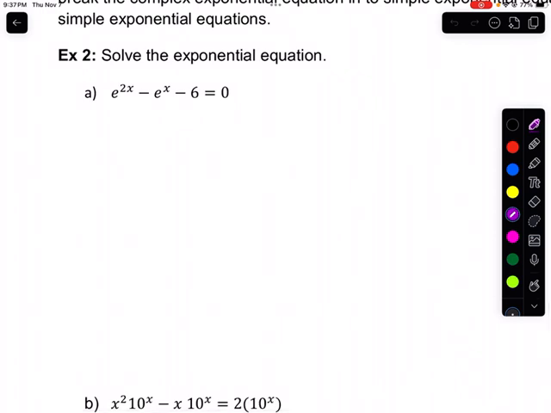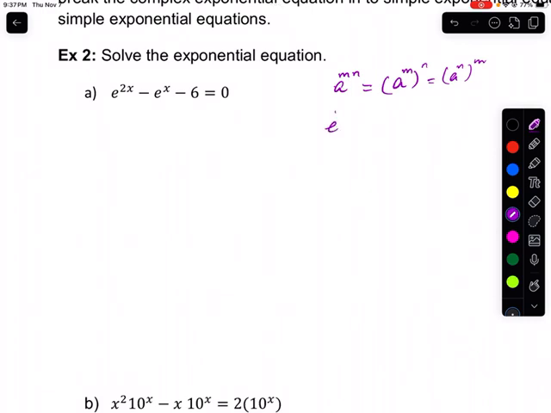Solve the exponential equation, which is given as e to the 2x minus e to the x minus 6 is equal to 0. Now remember something like this: a to the m times n is the same thing as a to the m whole raised to the n, or a to the n whole raised to the power m.